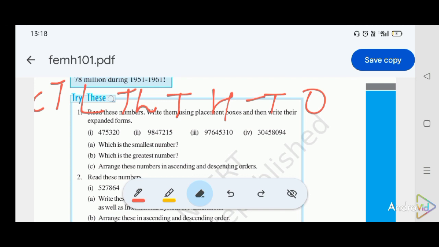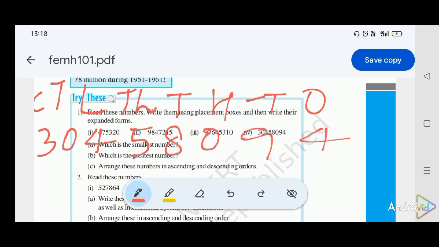The next number would be 3 crore 4 lakhs 58,094.